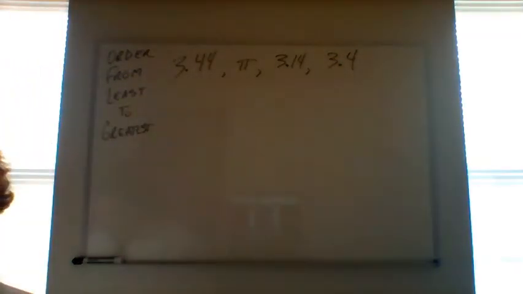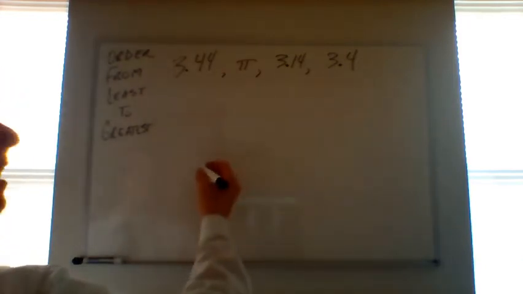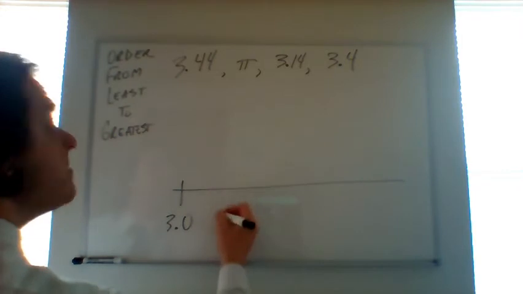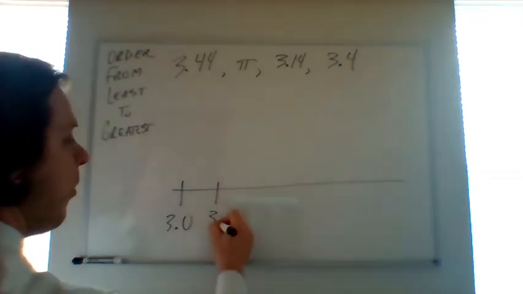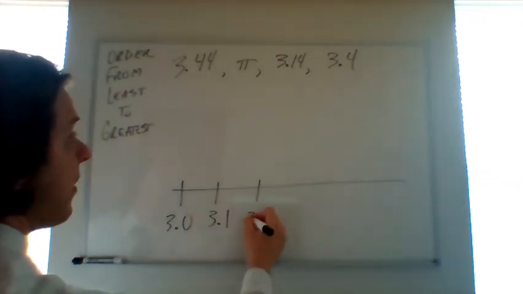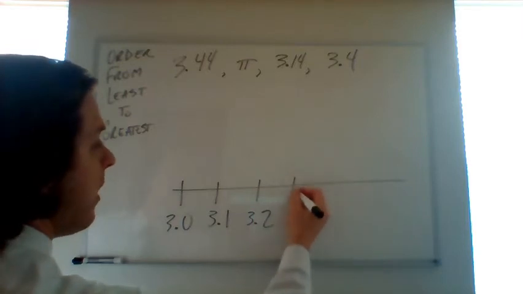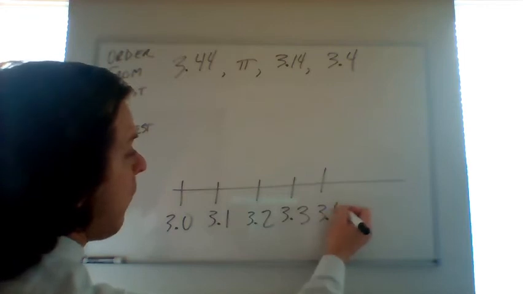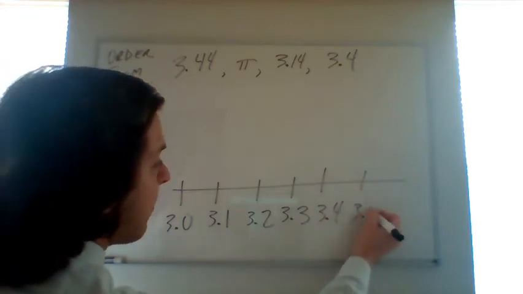All right, so we could look on the number line for all of these points, and we could just see which one is the largest. I'm going to do it that way first. So this is like 3.0. This would be like 3.1, 3.2, 3.3, 3.4, and 3.5.